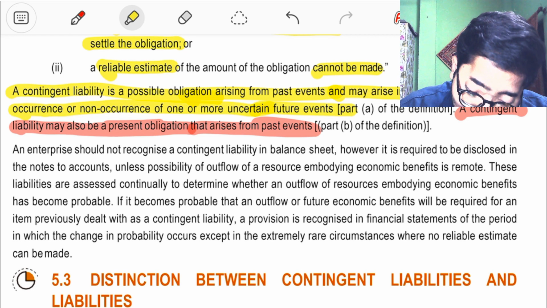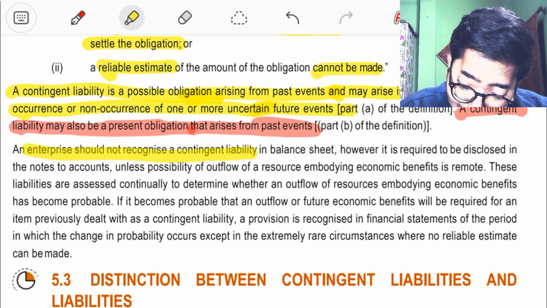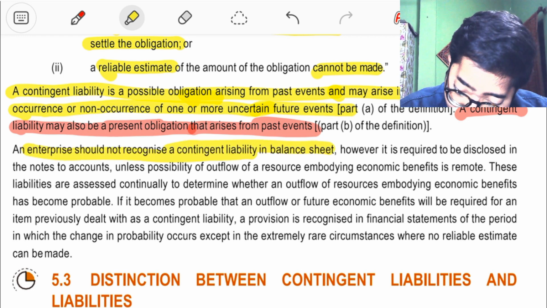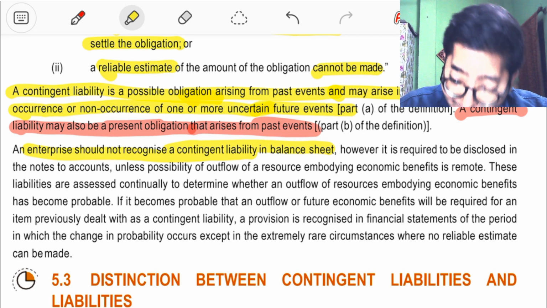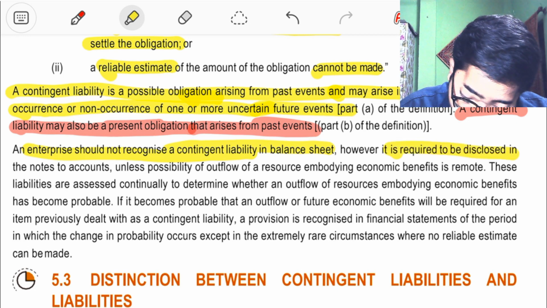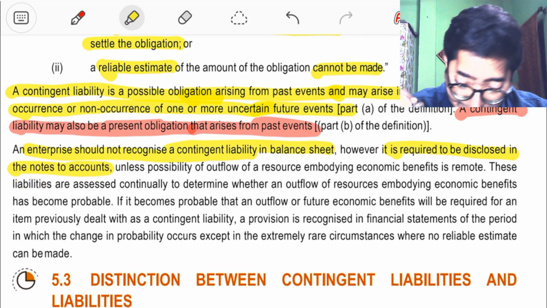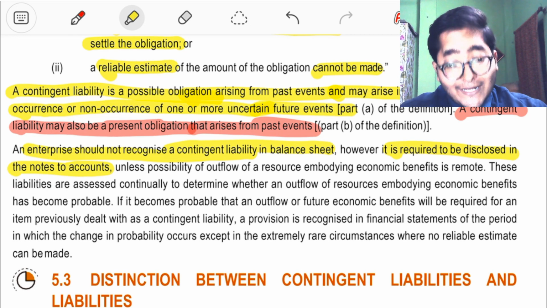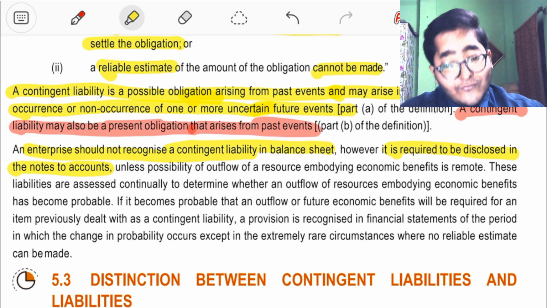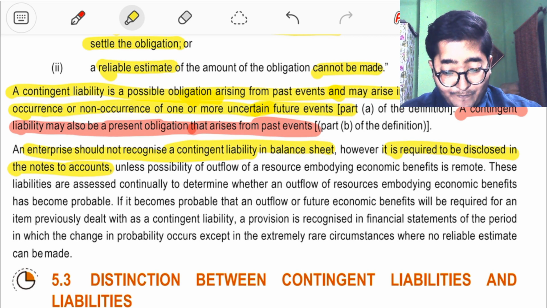So, an enterprise should not recognize the contingent liability in the balance sheet. However, it is required to be disclosed in the notes to accounts of the financial statements, unless the possibility of outflow of resources embodying the economic benefits is remote.